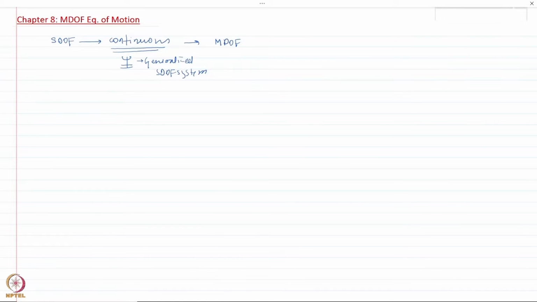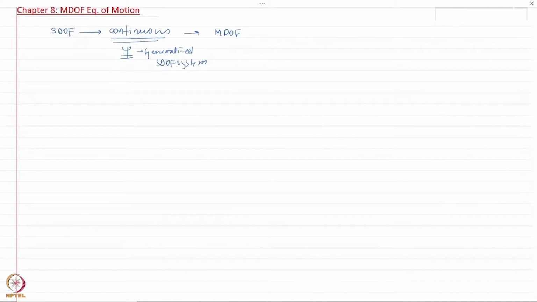As we have previously discussed, any system in reality, even a cantilever beam, would have infinite degrees of freedom. Sometimes it might be appropriate to reduce it to a single degree of freedom system, which would of course provide limited results in terms of deformation.